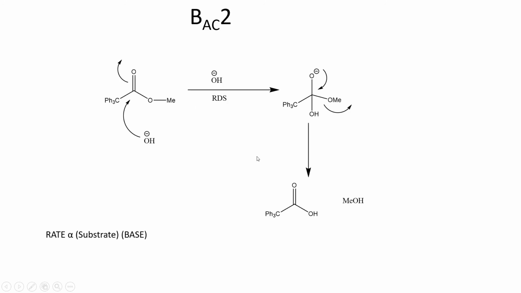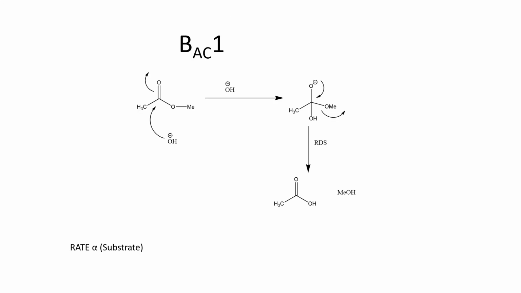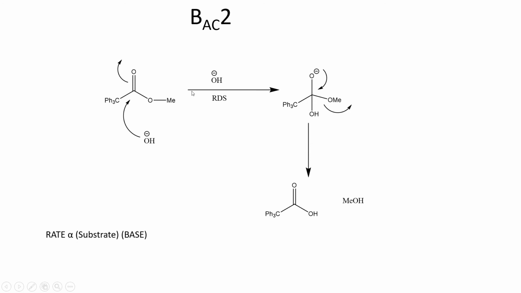Now see the BAC2 mechanism. There is a similarity between BAC1 and BAC2, the only difference is the RDS step. Here in BAC1 the second step is RDS and here the first step is RDS, because the BAC2 mechanism will operate on those esters where there is some sterically hindered group on the acyl side. For this reason, the base cannot easily attack the carbonyl moiety, and the first step becomes the RDS step.